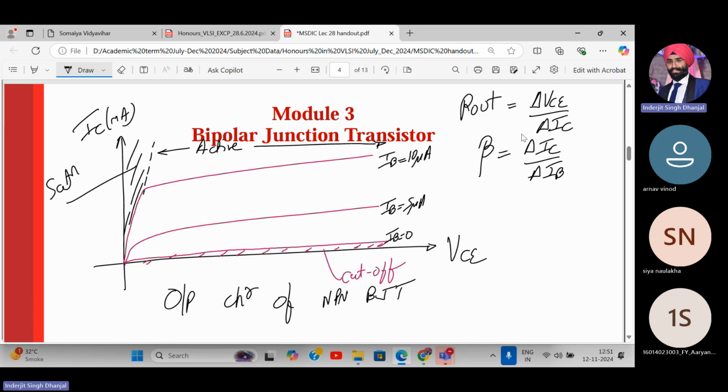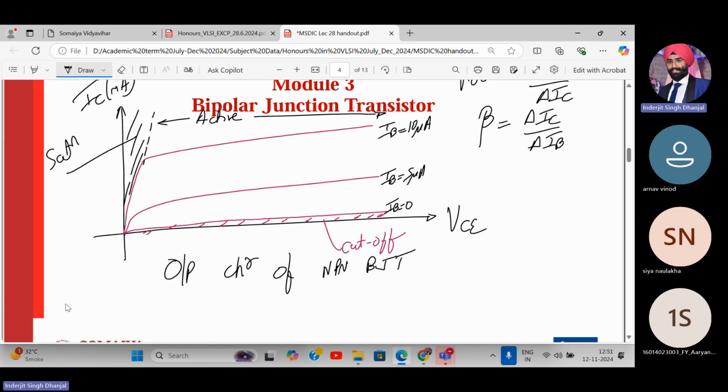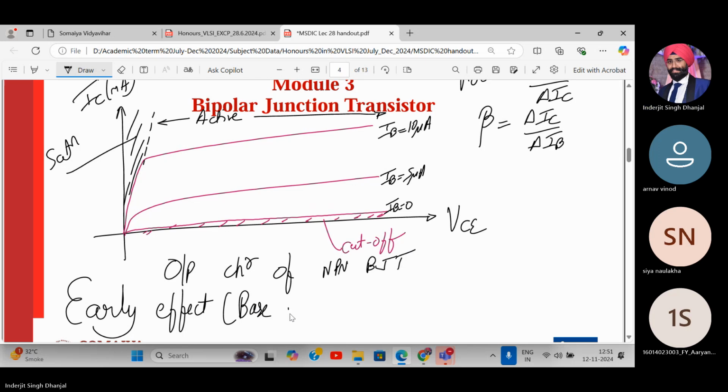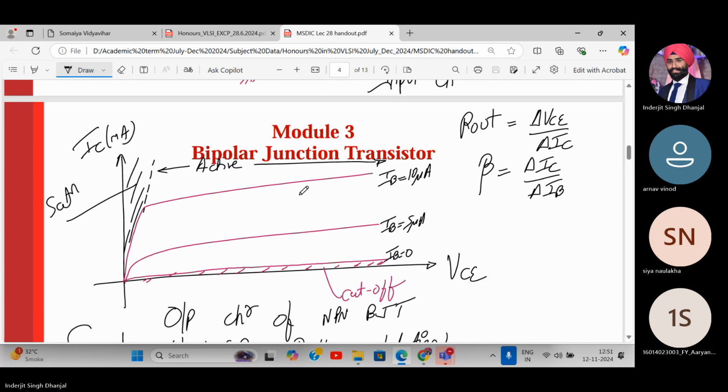All right. Can anyone tell me what is the early effect? The early effect is also called base width modulation. I've explained that in the other subject, but still I want to ask you all, do you remember what the early effect is? The effect of the early effect is that there is a slope in these characteristics which is not zero.